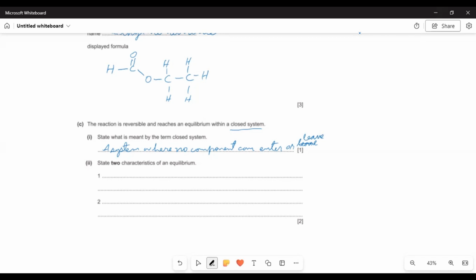Give two characteristics of equilibrium. If you think about equilibrium, you know that in equilibrium, the rate of the forward reaction is equal to the rate of the backward reaction.